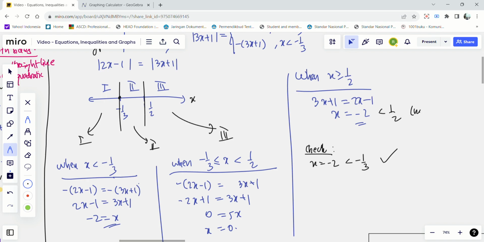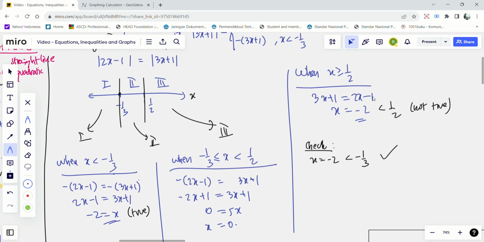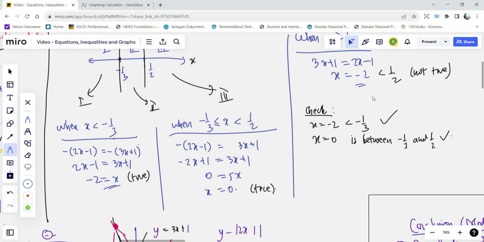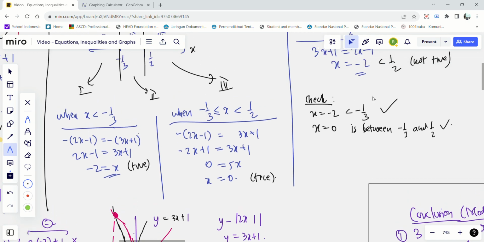So this is not true over here, right? But this is true. Now x equals 0 is in between, right? So this is true also. So x equals 0 is between negative 1/3 and half. So it's okay.